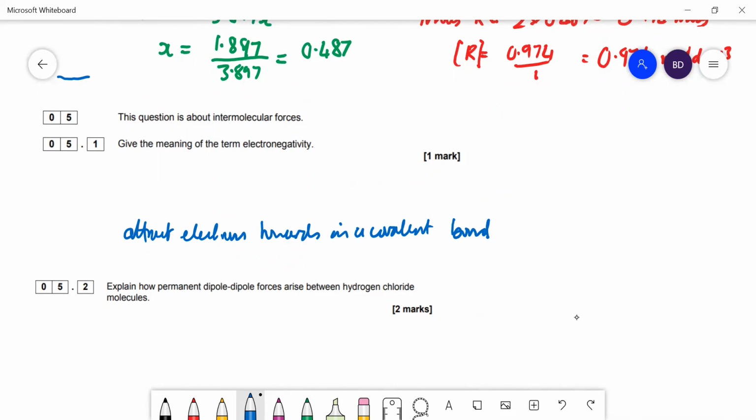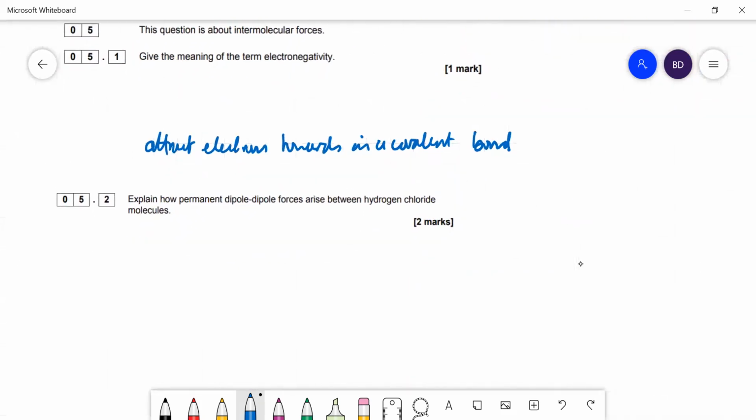Okay, explain how permanent dipole forces arise between hydrogen chloride molecules. Okay, so we've got a hydrogen chloride molecule here. Chlorine is considerably more electronegative than hydrogen, so it gets more than its fair share of the electrons in this bond. So it has a partial negative charge, and the hydrogen, of course, will have a partial positive charge. So the difference in electronegativity, that's for 1 mark. And so this molecule has a permanent dipole.